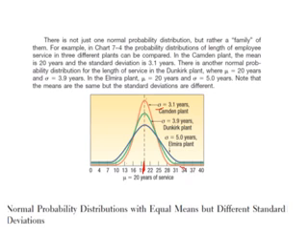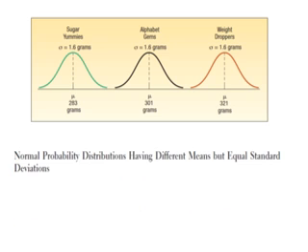Finally, the blue curve also has the same mean, but sigma equals 5. This is the first part of the family of the normal distribution.